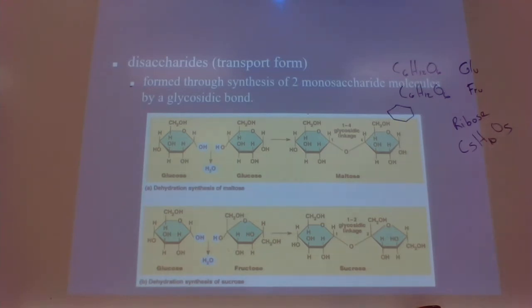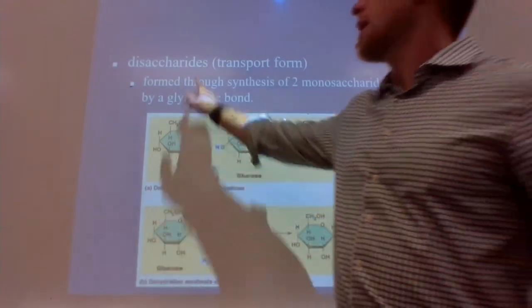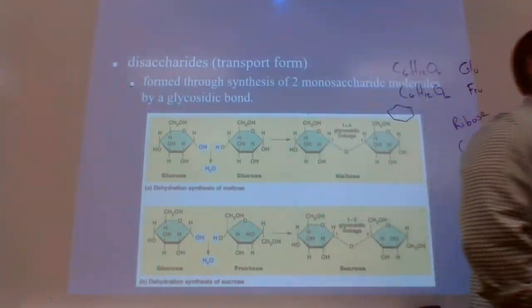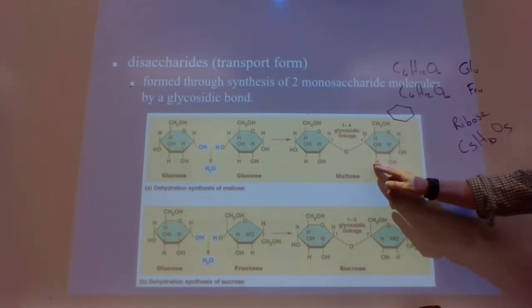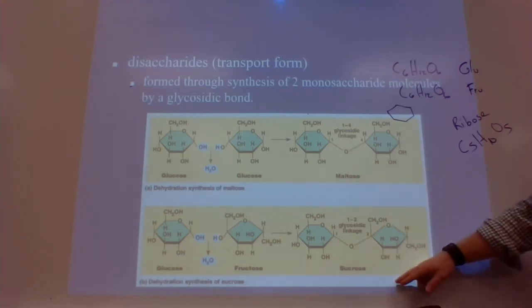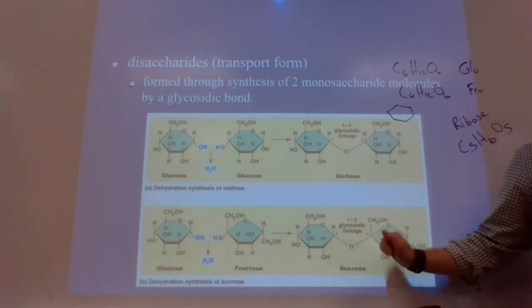Now, if you put two monosaccharides together, you create a disaccharide. How would you put two monosaccharides together? Through a bond. What type of reaction? Dehydration synthesis, right? There are a couple of different examples of disaccharides. Maltose is one of them, but one is super important that we always see, and that is going to be sucrose.